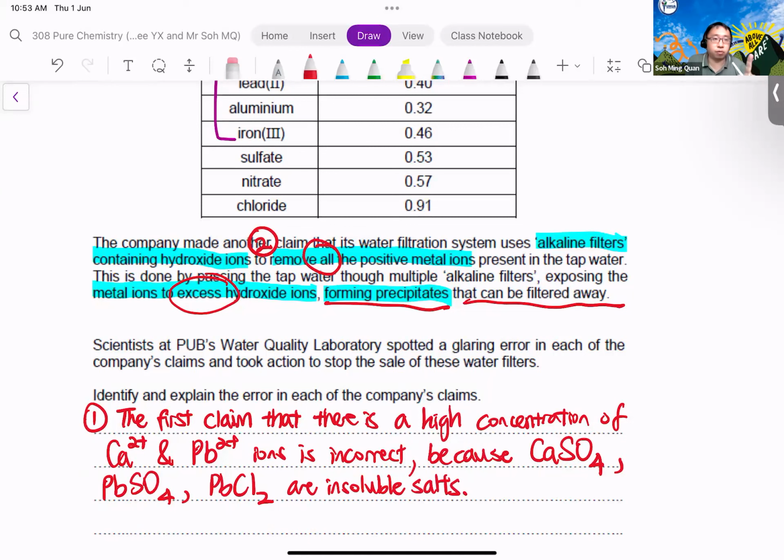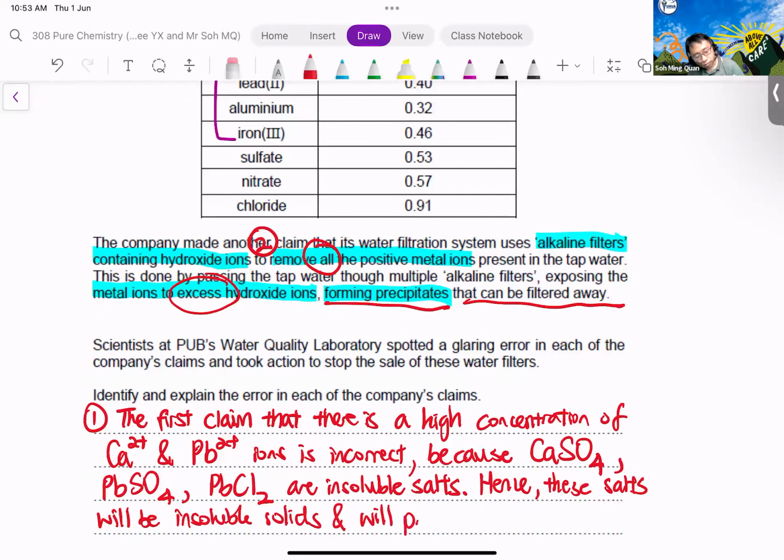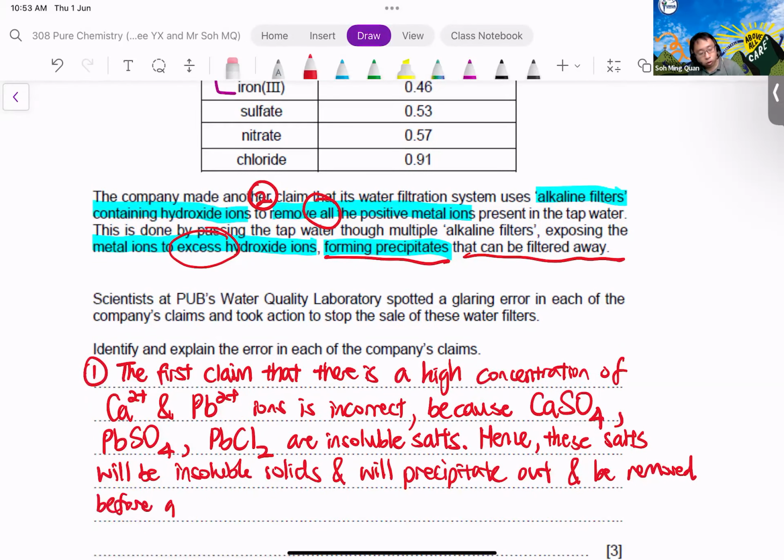And so what if they are insoluble? We have learned, right? If something is insoluble, it should not be aqueous, it should be solid. If they are solids, they will precipitate out and be removed before going to households.